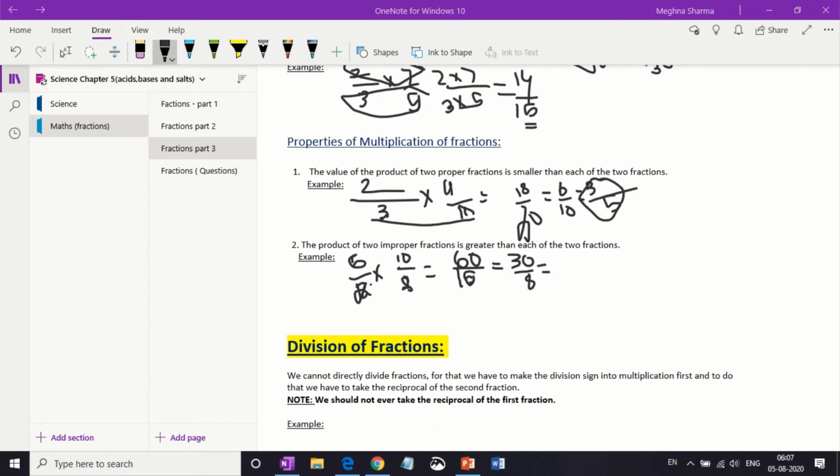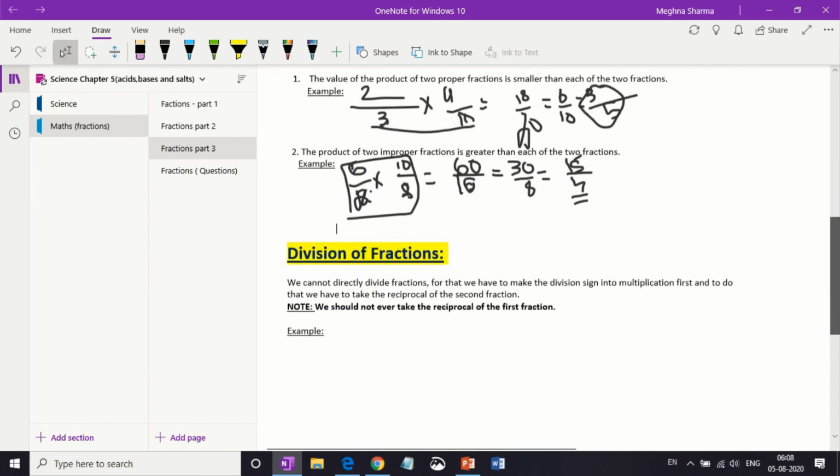I took the 2 table: 15 by 8. Not 8, you have to convert it into 4. Now that's it, we cannot do any more. So this is greater than these two fractions. Now these are only the properties. It's simple if you know comparison of fractions, that I will teach you.